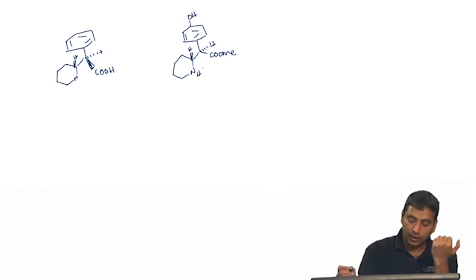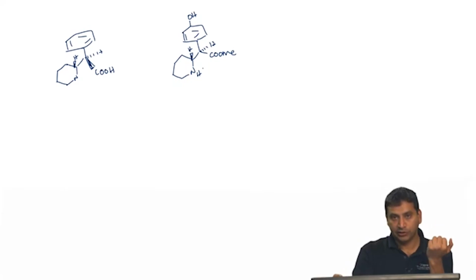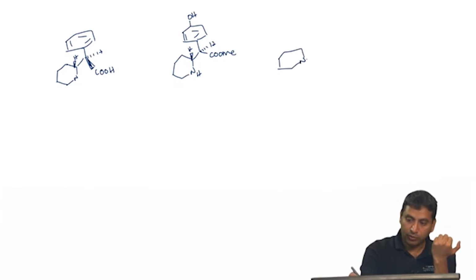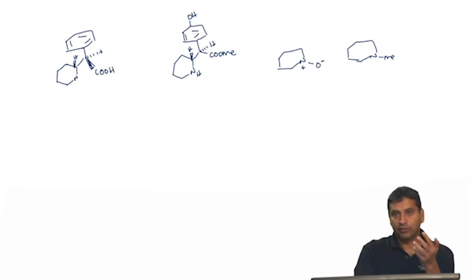Okay. You could also have, as we discussed, oxidation at the nitrogen position. I am not going to draw out the rest of the molecule, but you could have N oxide being formed. We could also have methylation, which is shown over here. Right. And lastly, we can also have conjugation with glucuronic acid, which I am not showing. But you can also have multiple things happening on the same molecule.